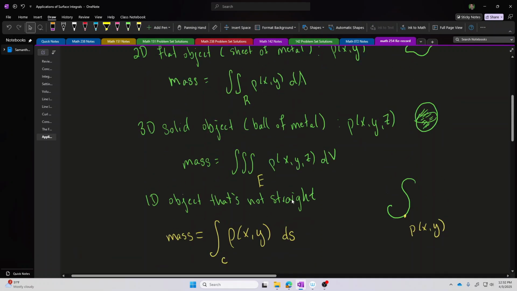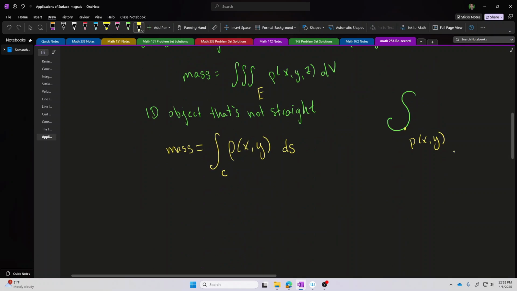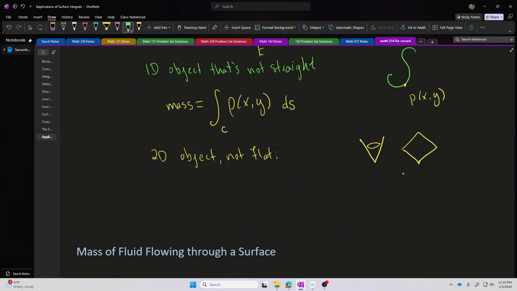Now, finally, what if you're dealing with a two-dimensional object that is not flat? A two-dimensional object that has been bent or warped or twisted so that it does not lie flat, but it occupies three-dimensional space. This is the situation where you would calculate the mass using a surface integral. If you're dealing with a two-dimensional object that's not flat, then your density function would have three inputs.